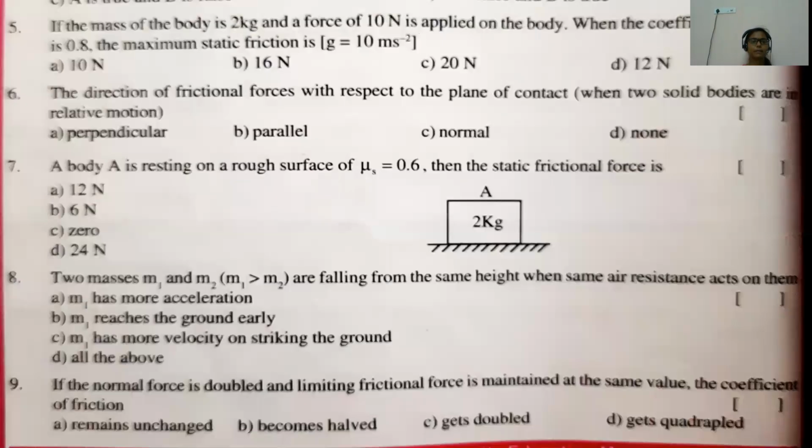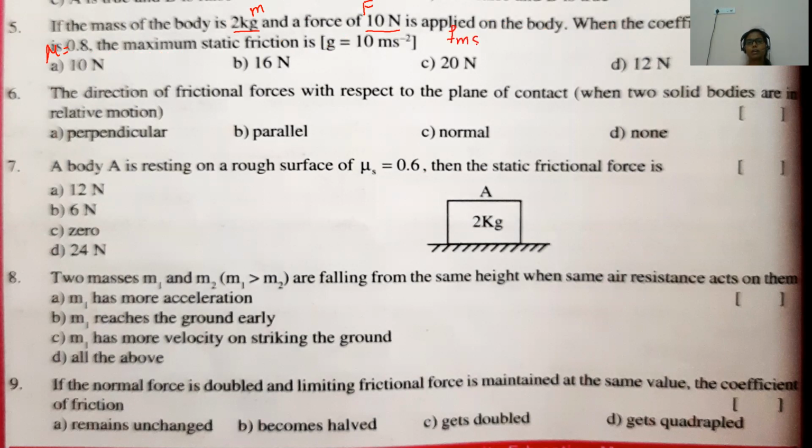Given a body of mass 2 kg and a force of 10 newtons applied on the body, the coefficient of friction mu is 0.8. The maximum static friction is what?